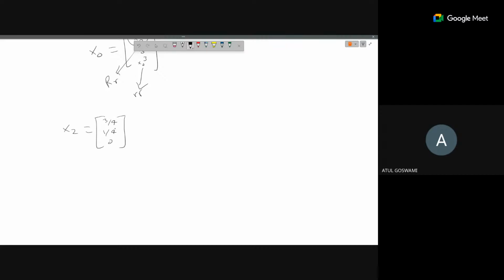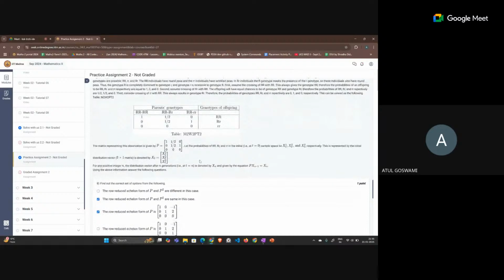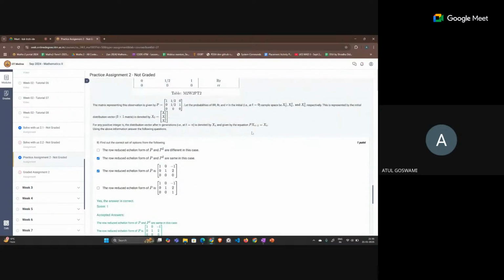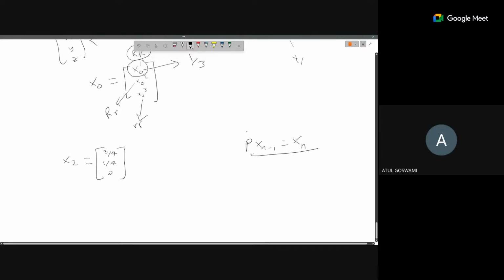So this is given here. And what is the relation between P and the distribution vector? The relation is P x(n-1) equals xn. And what we need is x naught, and we are given x2.